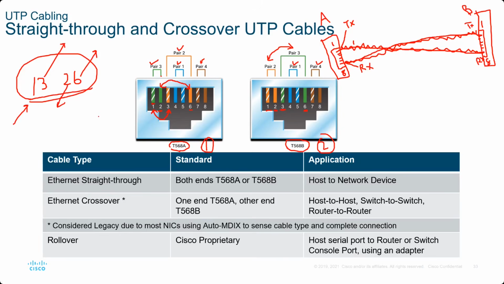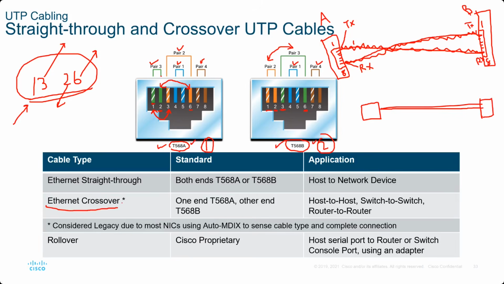And that's why when we are creating this cable, one side of the RJ45 should follow this standard, and the other side of the cable should follow this standard. If we make sure that both ends of the cable are following these separate standards, then we have automatically crossed those cables. And then we can connect these computers together and they will communicate.